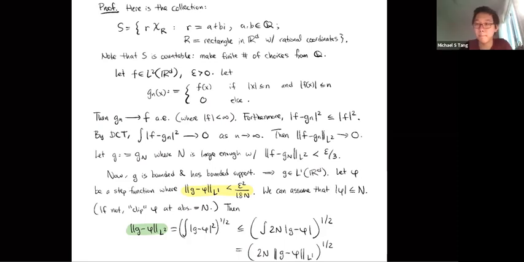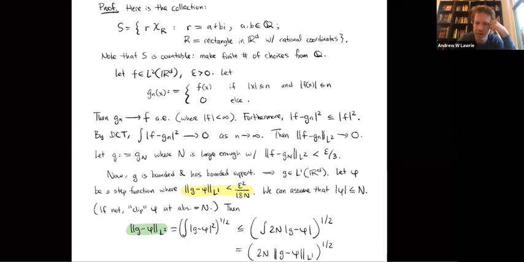Thanks. Yeah, exactly. But the concept is still the same. You need to finagle a little bit to get the constants right, but I think the idea for the proof should work for any p. Okay, thanks, Michael. This was excellent.